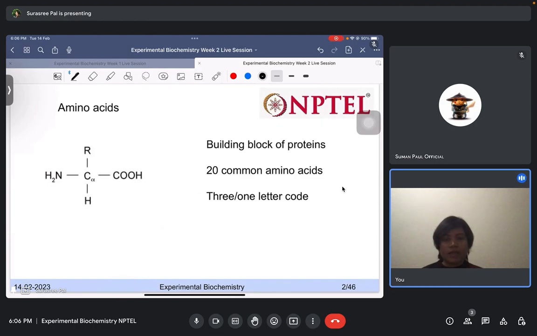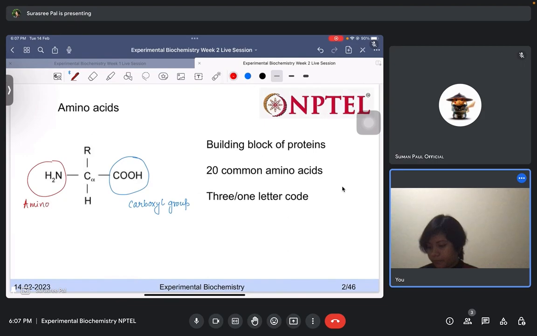So amino acids have this carboxyl group and this amino group, both joined to the alpha carbon.